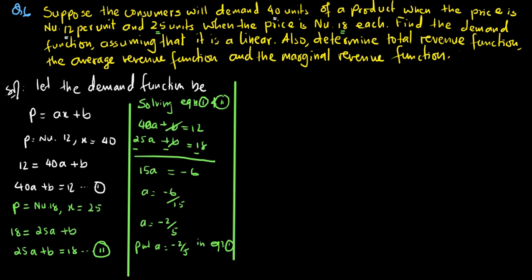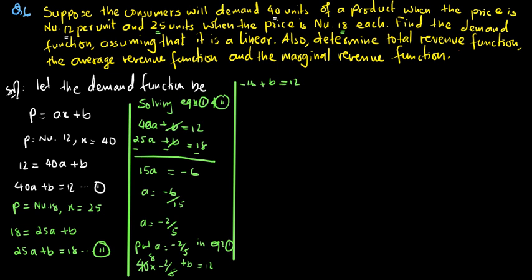So when you put this in equation 1, we get 40 times negative 2 by 5 plus B is equal to 12. So 5 8s are 40, 8 twos are 16. Negative 16 plus B is equal to 12.